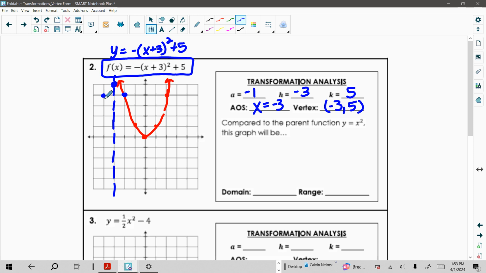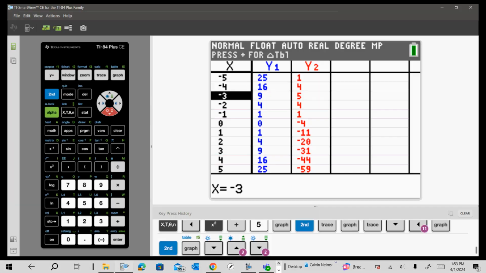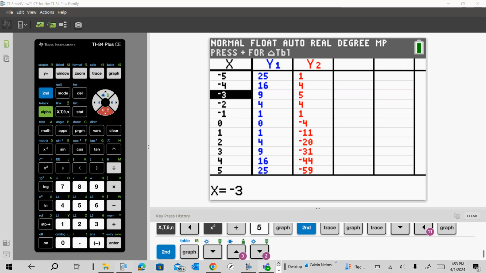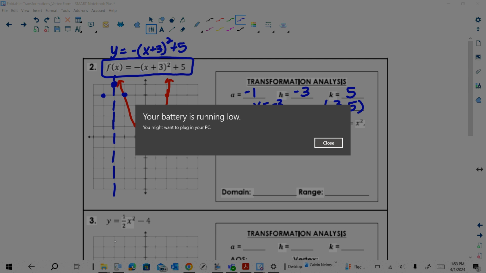And then the other thing I had was the y-intercept. If it's at 0, I can go back and look at the table. It was also at negative 4 right there. Okay. Oops, let me fix that. Sorry about that.